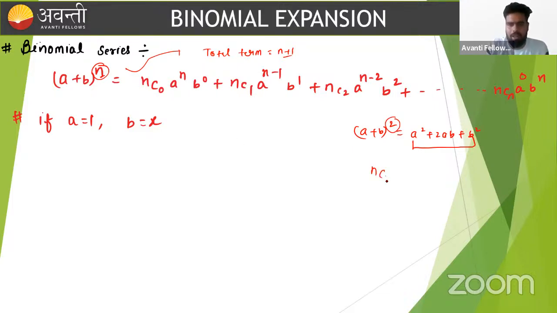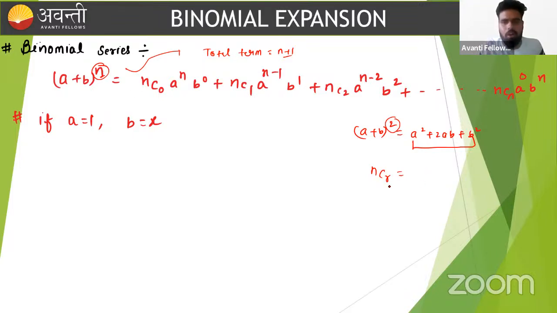And one more thing: what is nCr? nCr is nothing but this: if there are n objects given and we have to choose any r objects from the given n objects, considering different types of objects, then this describes the number of ways of selecting r objects out of n objects. In the sample space there are a total of n objects, but we have to choose only r objects, so we have to find the number of ways.